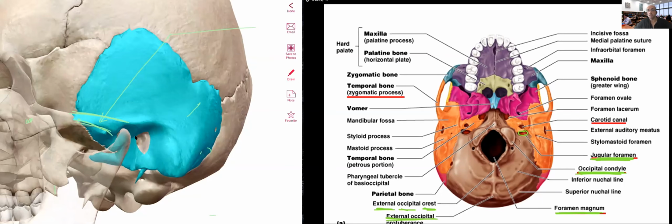All right, so if I'm asking about the name of the bone, I want you to give me the name of a bone, not the name of the bone landmark. So here, if I am asking about identifying the bone, it's going to be the temporal bone. I'm marking the zygomatic process.